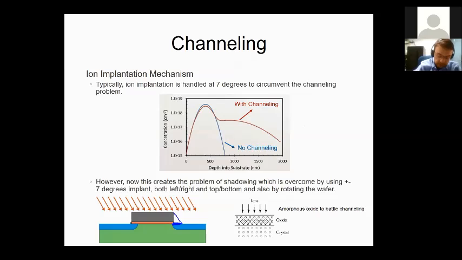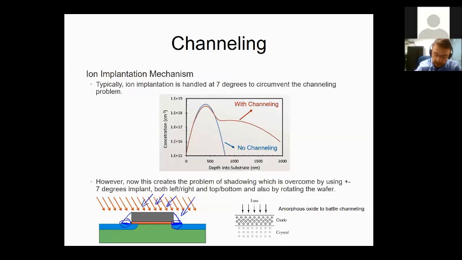You can send the ions also at the other angle, plus or minus 7 degrees. So you can make sure that these portions will be shadowed around the same amount, but still it will receive some ion implantation here too.